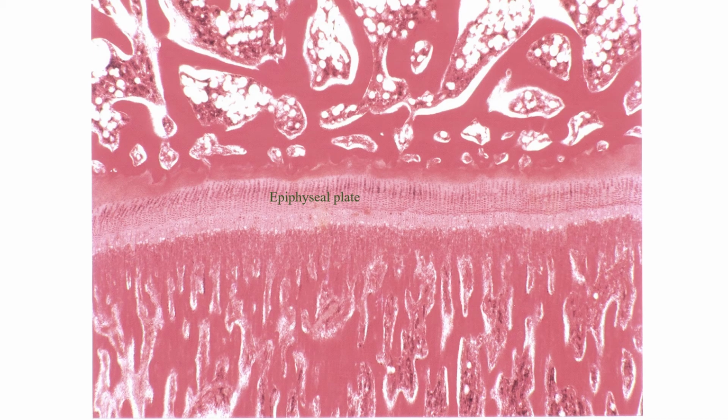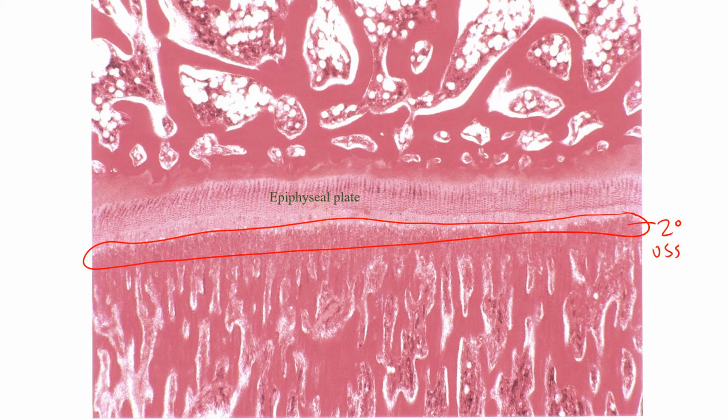Here's an epiphyseal plate. That means this is still growing bone. This is probably a person who is mid-teenage years or younger. The zone of ossification is probably right through here, and that's where those osteoblasts are found. So we would call that the secondary ossification center. Okay, and osteoblasts are located there. Like I said, this is a slow motion race.